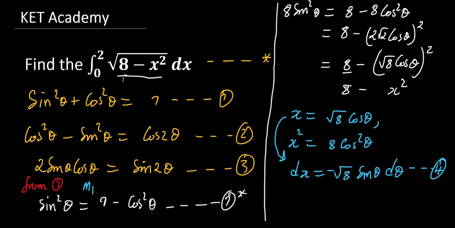And we notice that we have our substitution of x here, and we have our substitution of x squared. So we are going to insert all of these formulas in our original integral, and if we do that, we are going to have this.